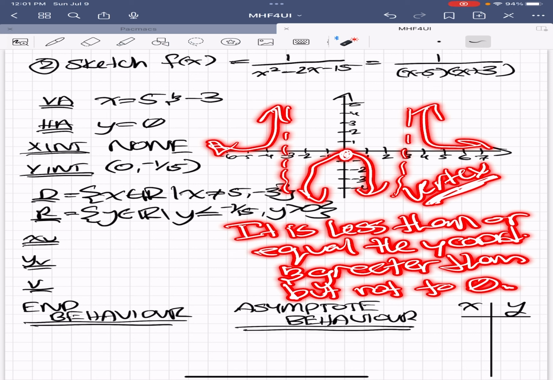And it's because it has a horizontal asymptote of y equals 0. Because it has that horizontal asymptote, it is never going to touch 0. So that's why it's greater than but not equal to 0. And it's equal to or less than -1 over 15 because this parabola goes down.